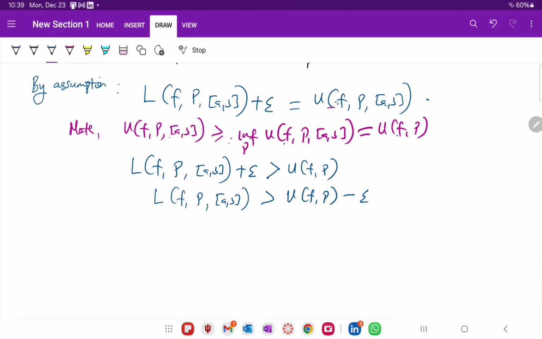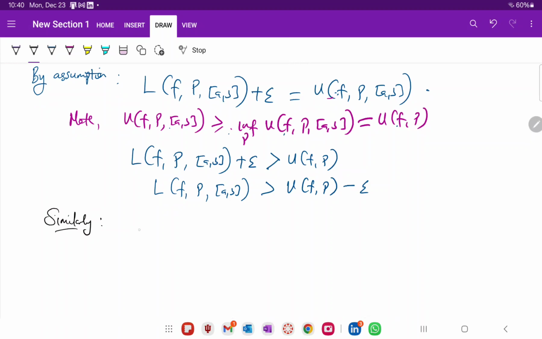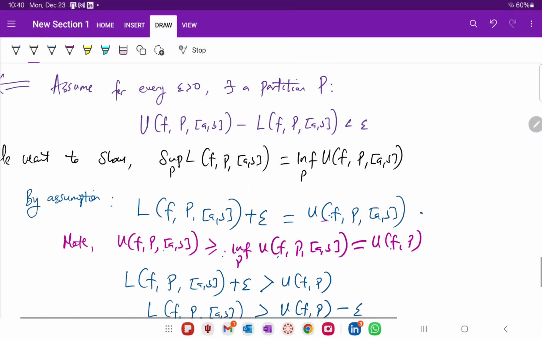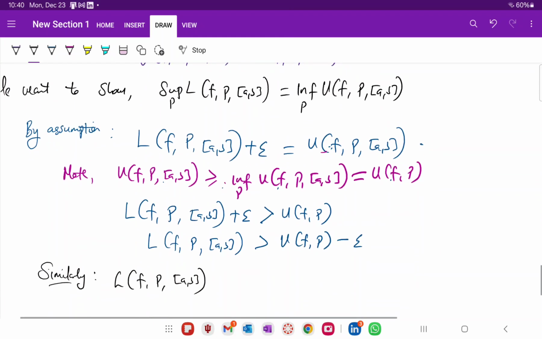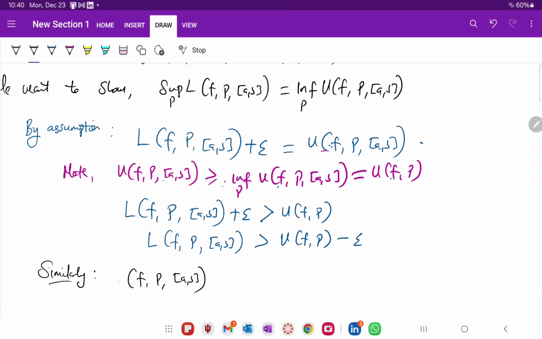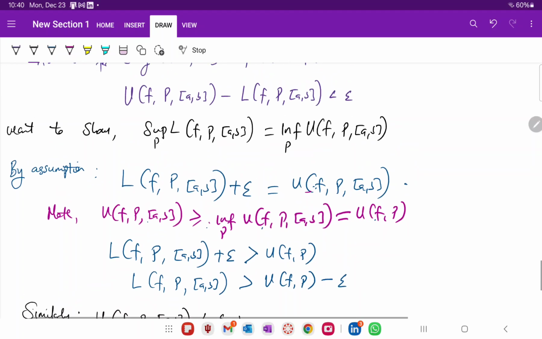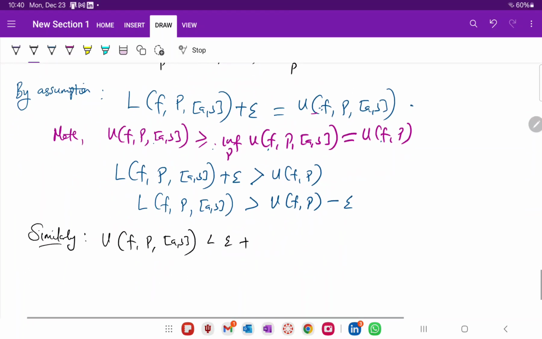So similarly, we can do the same thing for our supremum. Then similarly we have our lower Riemann sum. By the hypothesis that is also given, by the assumption, the upper Riemann sum is also less than epsilon plus the lower Riemann sum.